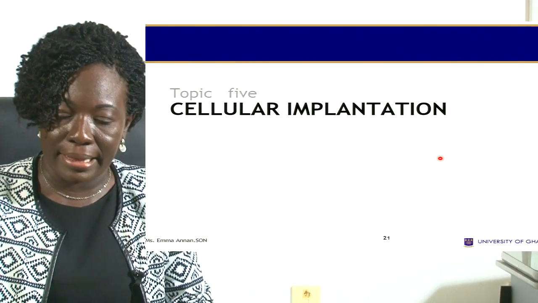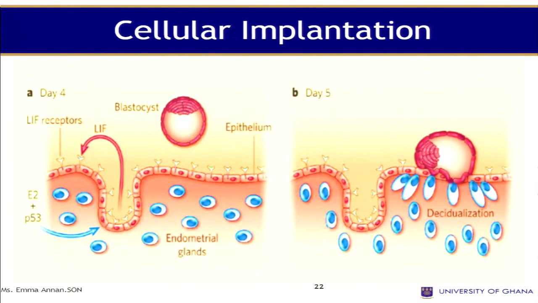Now implantation. The fertilized ovum, called the blastocyst, has the surrounding layer called the trophoblast. As I said, it produces a hormone known as human chorionic gonadotrophic hormone, and the hormone supports the corpus luteum to produce estrogen and progesterone.